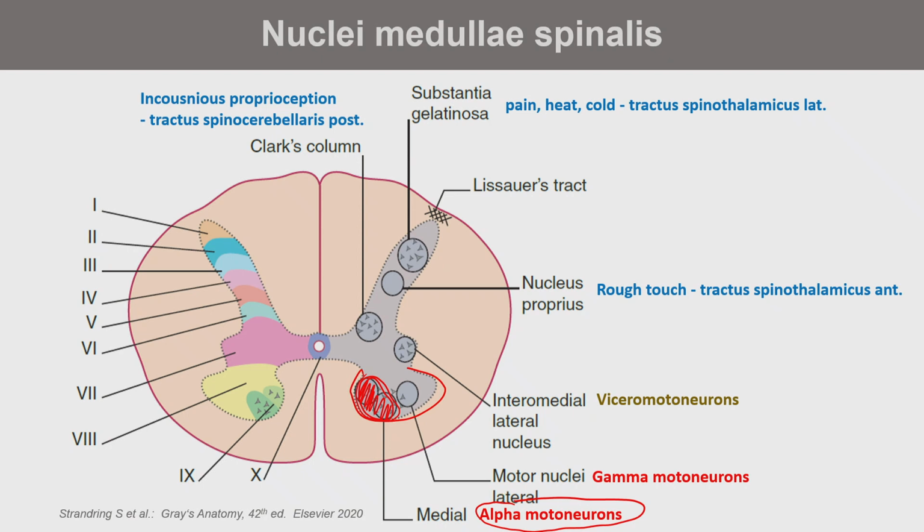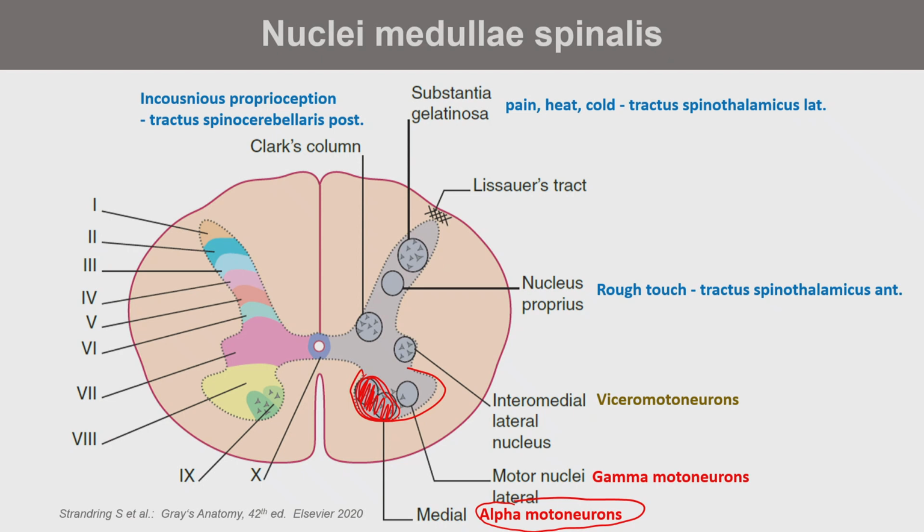Alpha motor neurons are stimulating the neurons which are directly executing the motion due to stimulation of striped muscle tissue, to do contraction of the whole muscle, or sometimes a group of fibers, then the larger group, the whole muscle, and moving, for example, with the biceps.